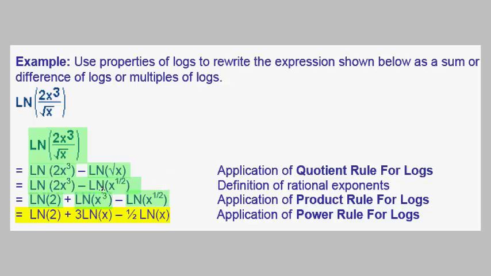The log of x cubed allows us to rewrite it as 3 times the natural log of x because of the exponent rule for logs. So we move the 3 out front to get 3 times natural log of x. We can also move that 1/2 out front and we get 1/2 times the natural log of x. And our final answer is natural log of 2 plus 3 natural log of x minus 1/2 natural log of x.